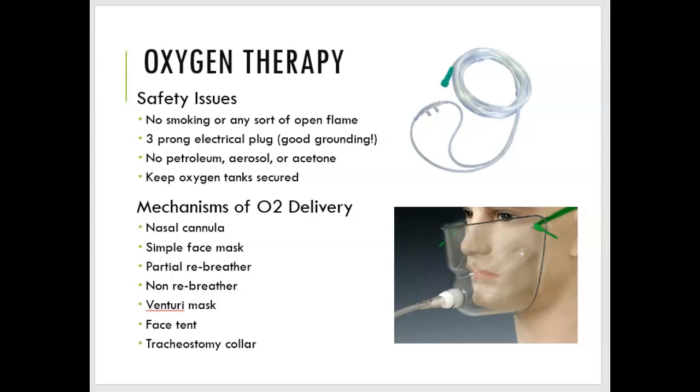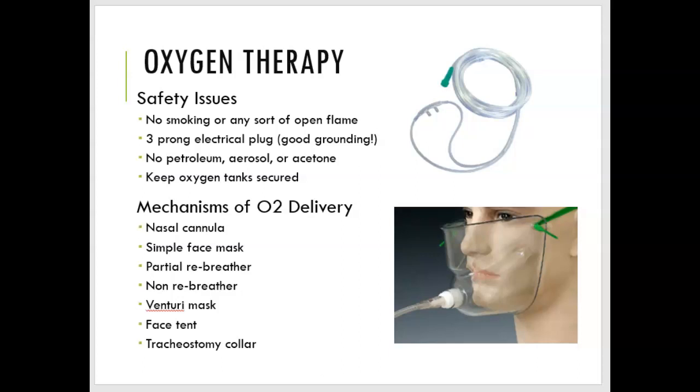So no cigarettes, sparks, or anything like that. No smoking around oxygen sources. You'll see signs in hospitals and clinics that if there's oxygen in use, people are not to smoke.